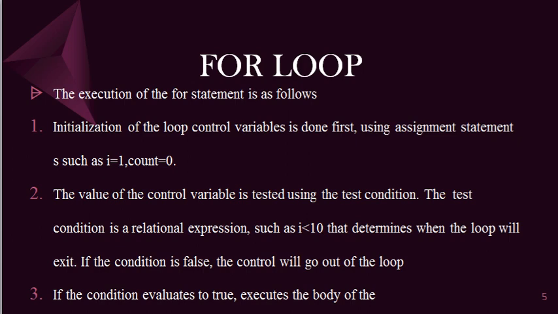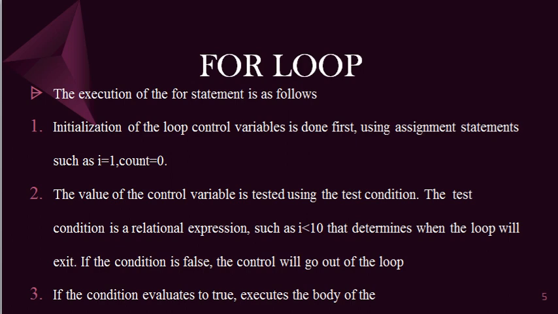That is done by using assignment statements such as i = 1 or count = 0. The initialization part consists of initializing the counter variable or control variable, such as i = 1, count = 0.